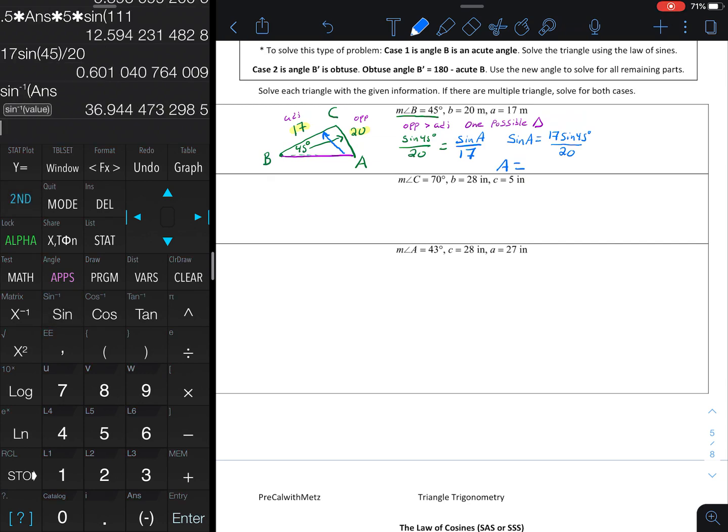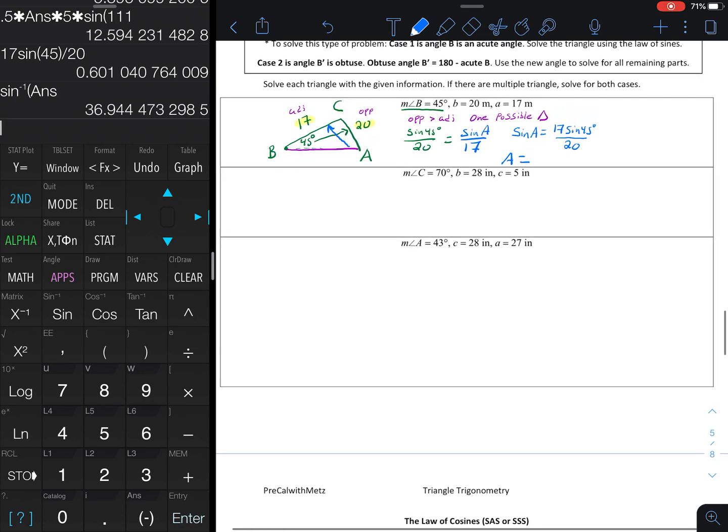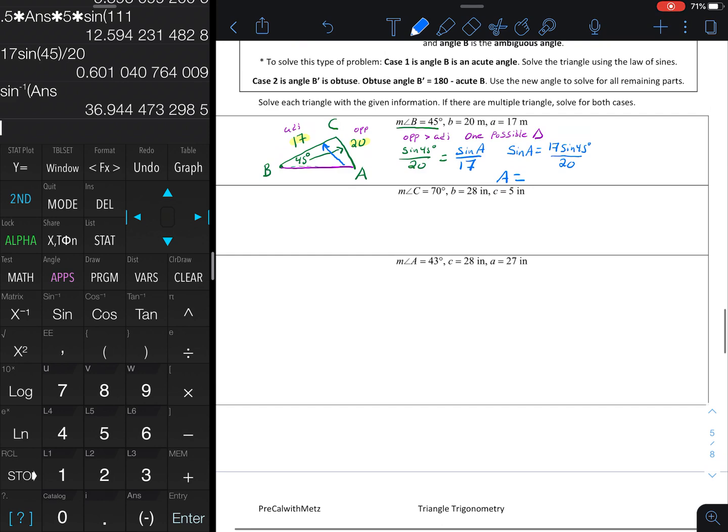So second sine, second answer, and we get the measure of angle A to be 36.94. All right, so the measure of angle A is 36.94.